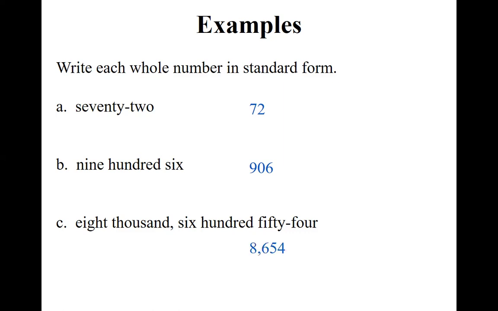So we have 8, comma 654. 8,654. So we can go both directions, words to numerals, numerals to words.